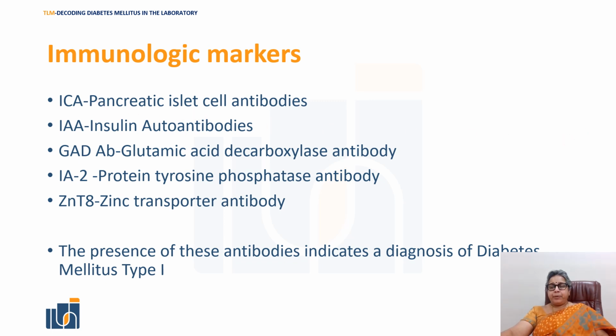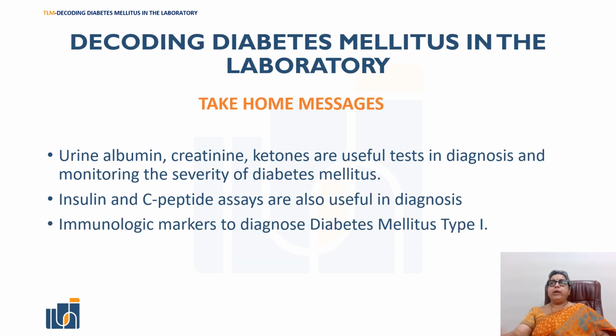So to sum up, apart from doing glucose and glycated hemoglobin, we also do urine albumin, urine creatinine, urine ketones, albumin creatinine ratio. All these are very useful tests, especially in monitoring and also to diagnose early onset of diabetic nephropathy.